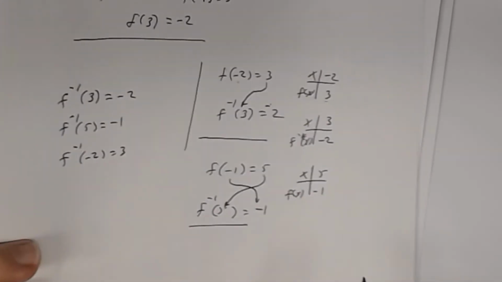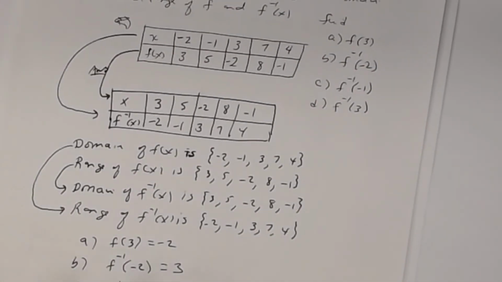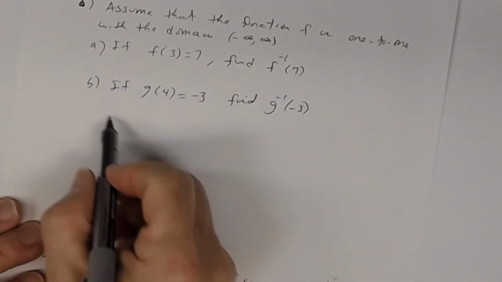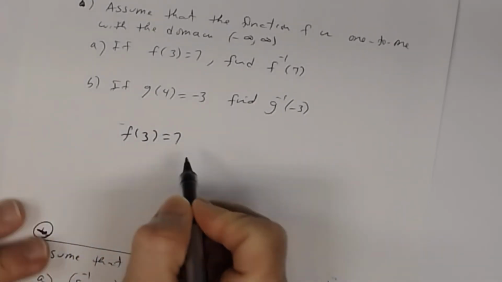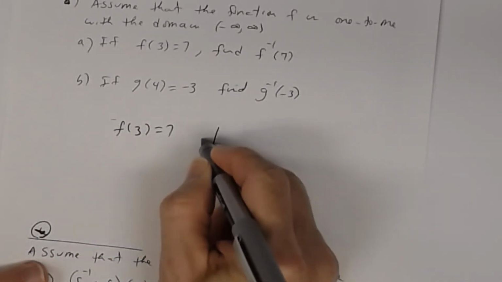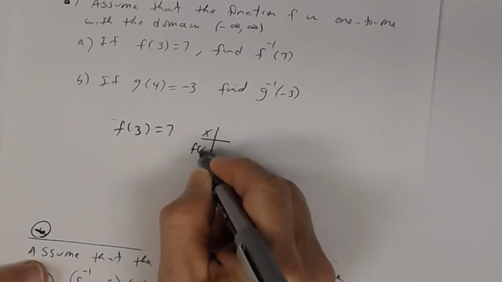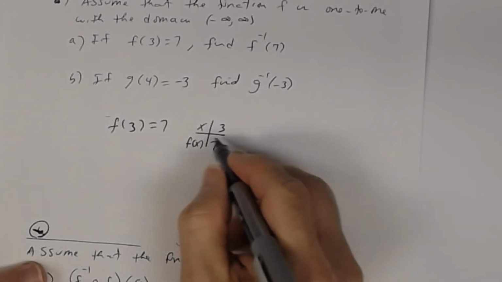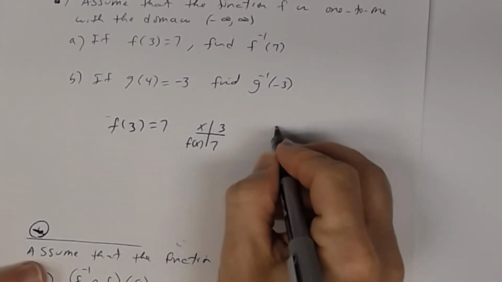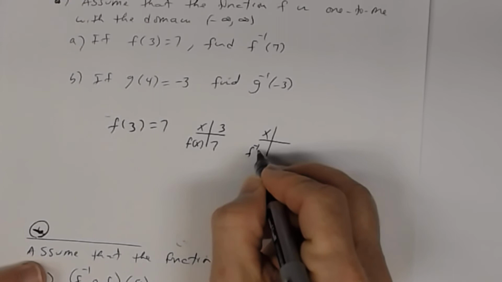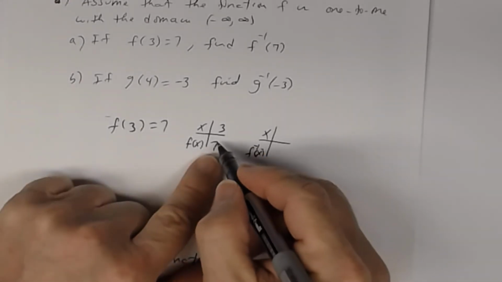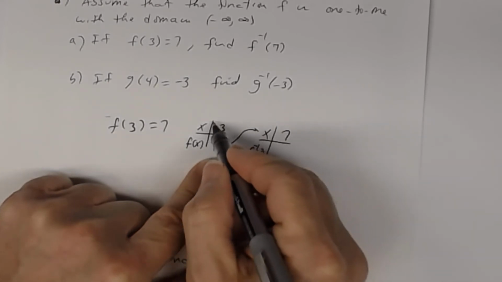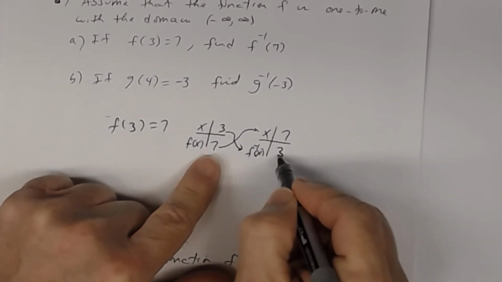So when I go here, f of 3 equals 7. If I look at it in terms of a table, just follow me along. If x is 3, y is 7, right? And if I do the inverse, then when x is 7, y of the inverse is 3.